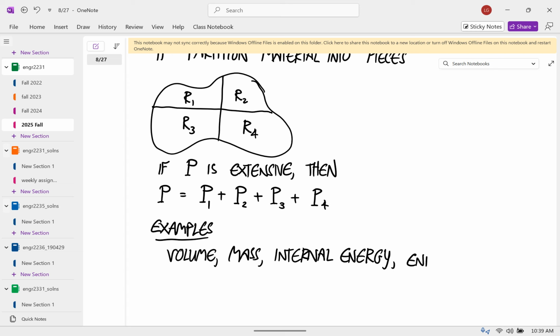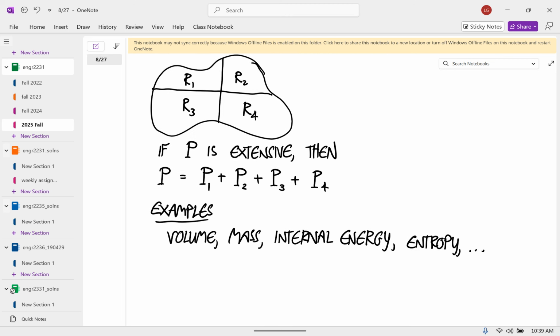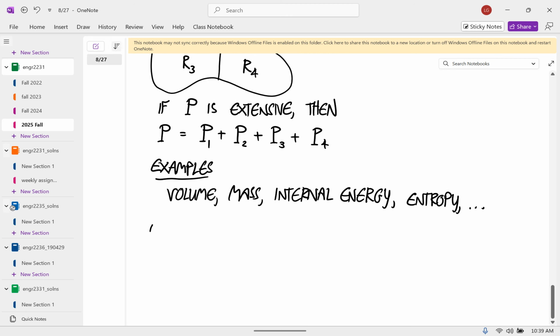Entropy is an example. Usually, extensive properties are represented with capital letters, the variables.